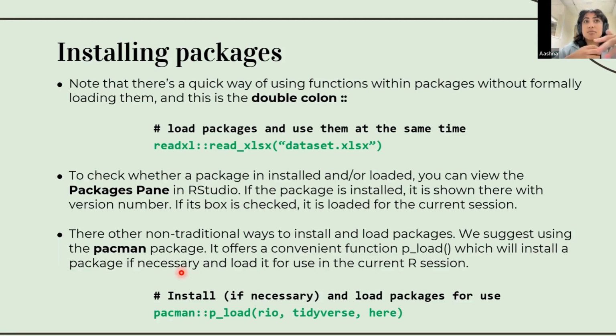For example, if you just need one function, or just one thing from the package, you use a double colon for that. So you can load packages and use them at the same time. Here we're looking at the readxl package. I'm using that double colon to access one specific function from it called read_xlsx.